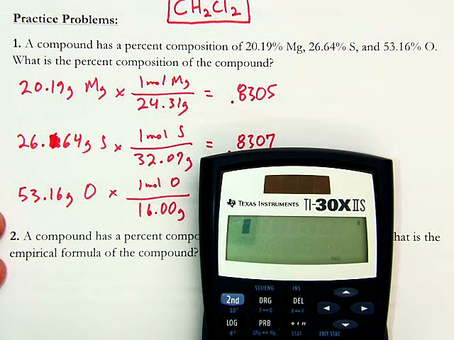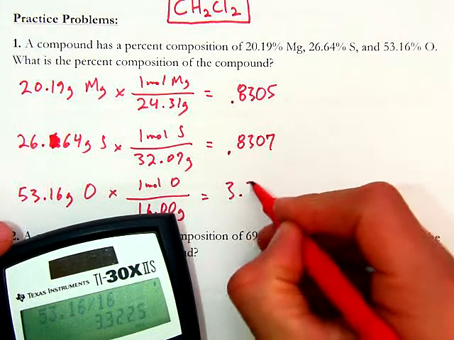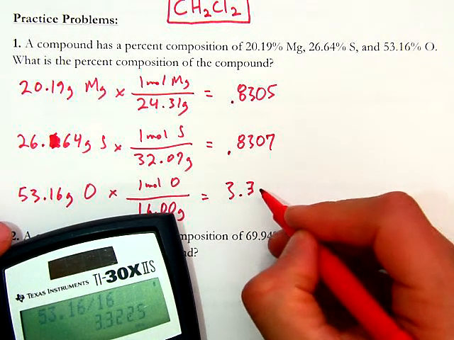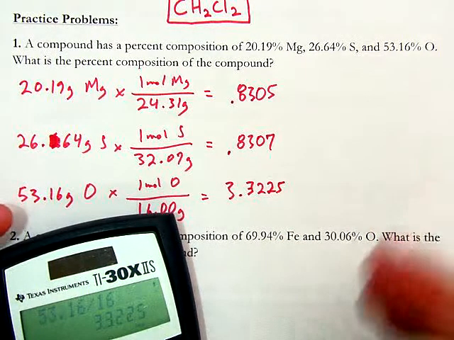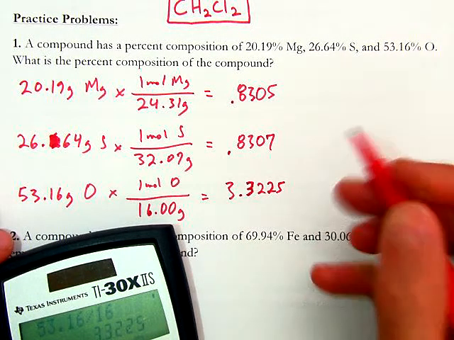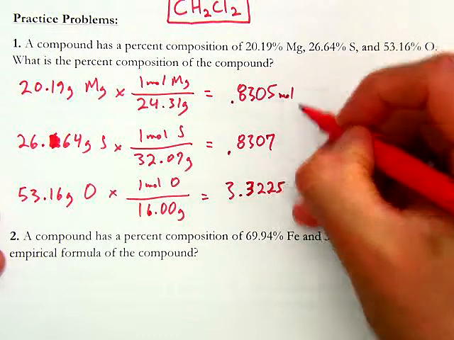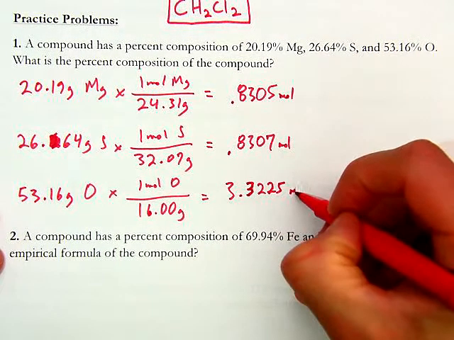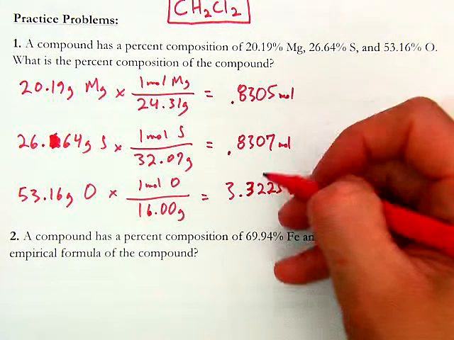And then I have 53.16 divided by 16. That gives me 3.3-ish. These are moles, right? Mole, mole, mole. I need to turn them into integers, so I'm going to divide them all by the smallest one.